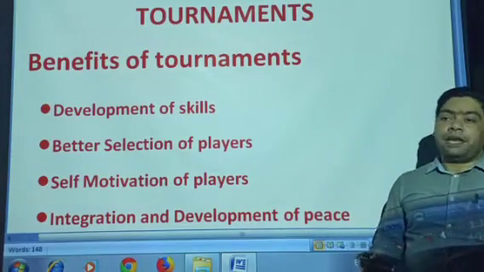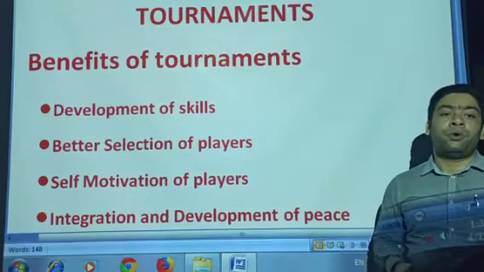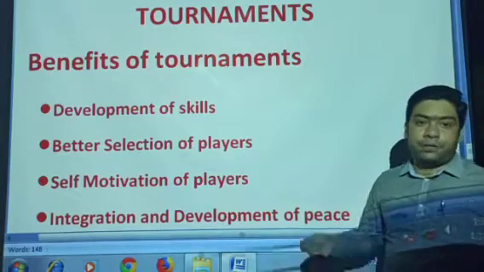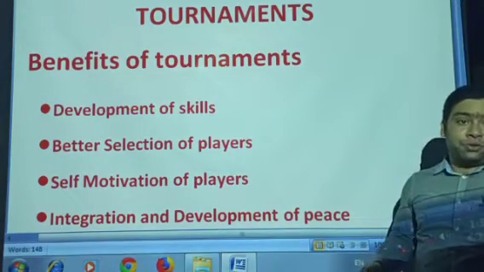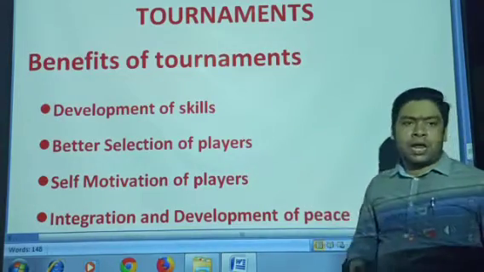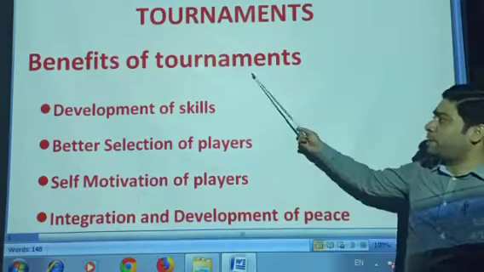For example, as is very well known, BCCI is the richest board in cricket. This is possible because of different tournaments such as the IPL, the biggest earner in the world, and La Liga in football, the Davis Cup, and different tournaments.